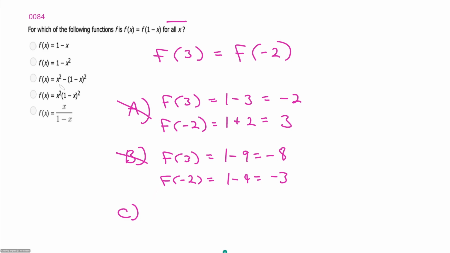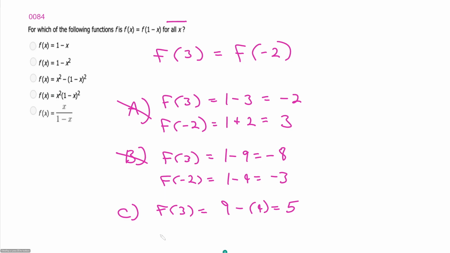Now they're starting to get a little bit harder though. For C, f of 3 would be equal to 3 squared, which is 9, minus 1 minus 3 squared. So minus negative 2 squared, so that's minus 4. That's equal to 5.